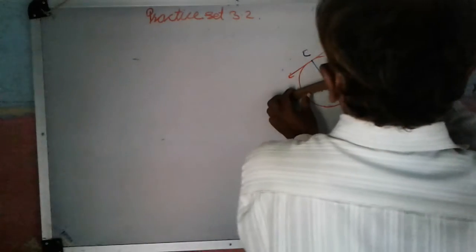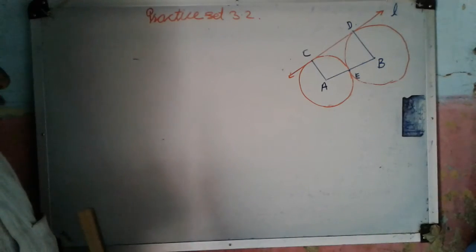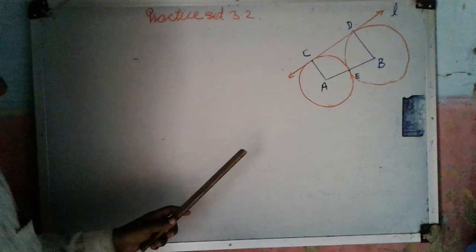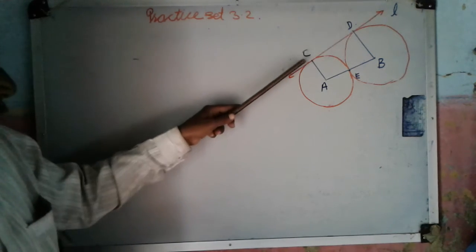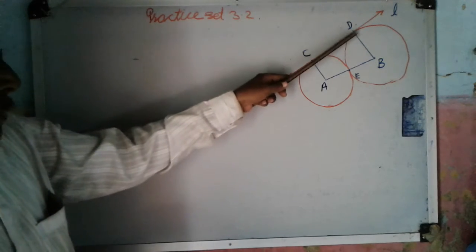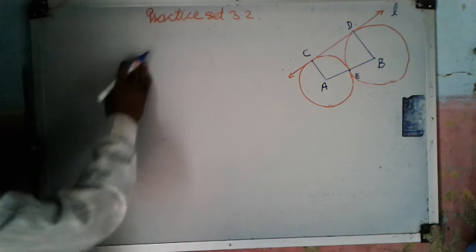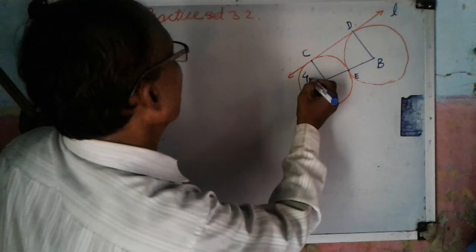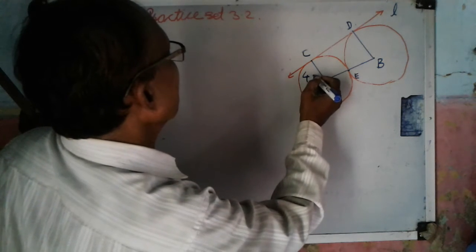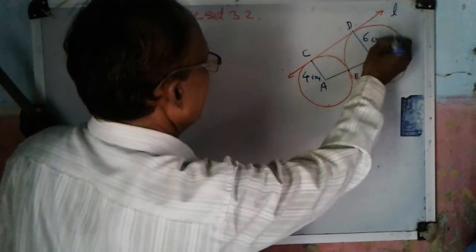Now, according to the tangent theorem, AC is perpendicular to line L, BD is perpendicular to line L. And the radius of this circle is 4 cm, and of the other 6 cm.